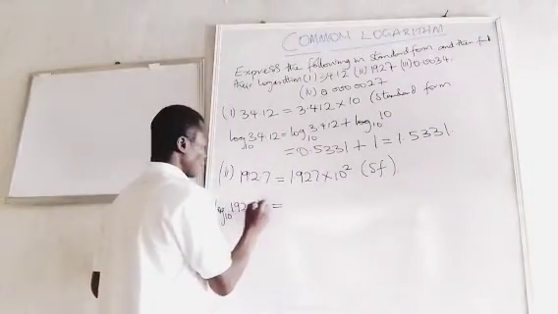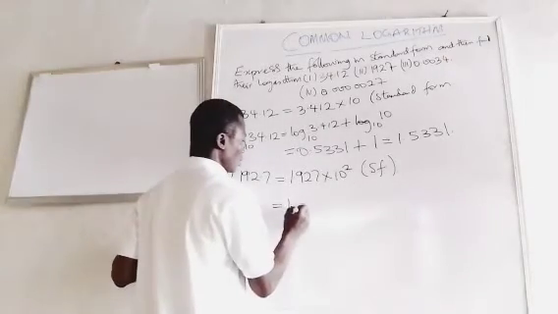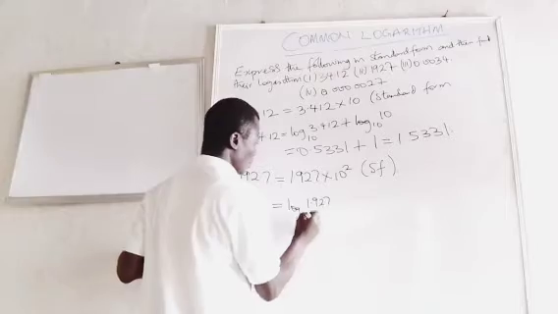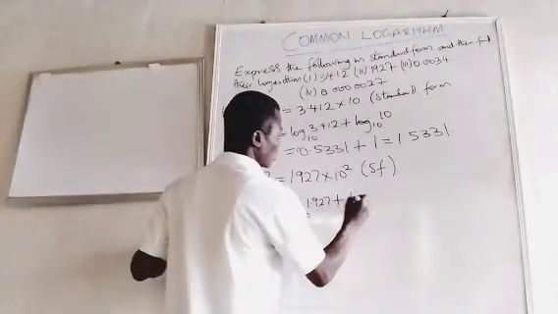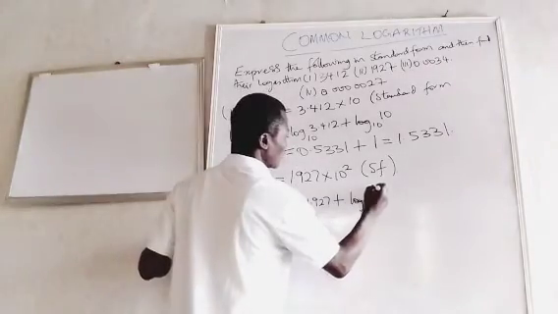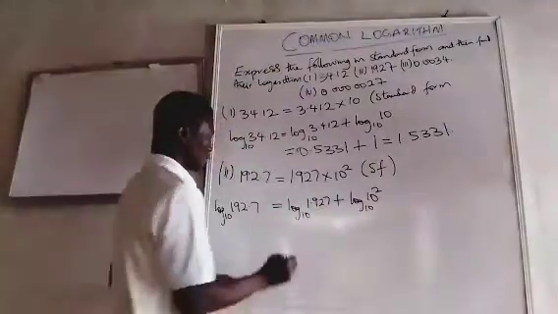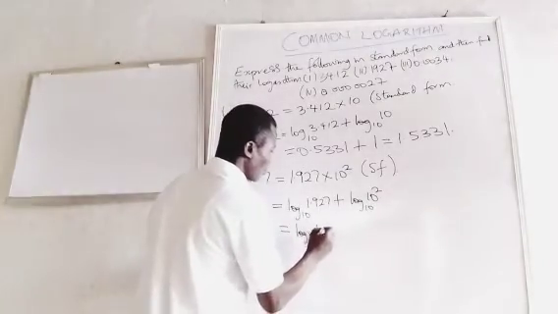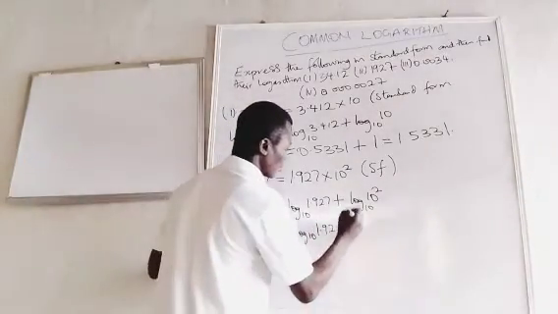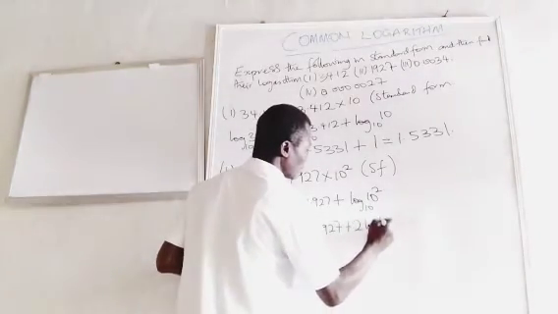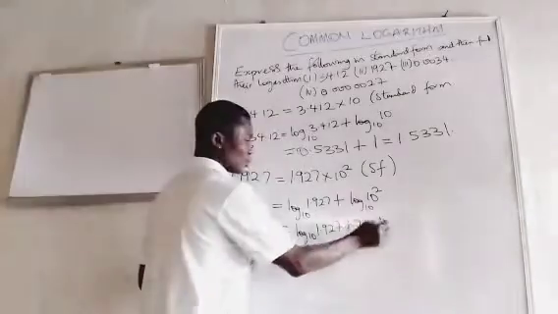log 192.7 is equal to log 1.927 base 10 plus log 10 raised to power 2. So this is going to give us log 1.927 plus 2 log 10. I know that log 10 base 10 is 1.